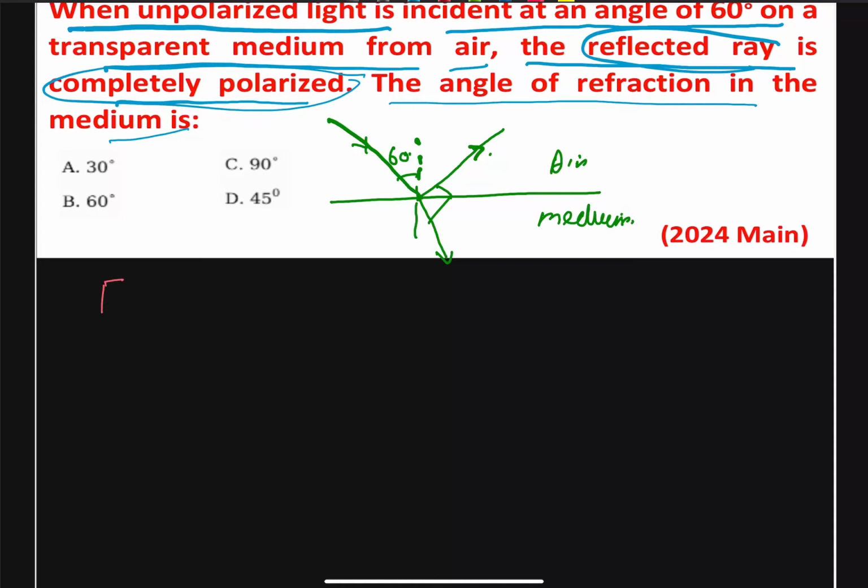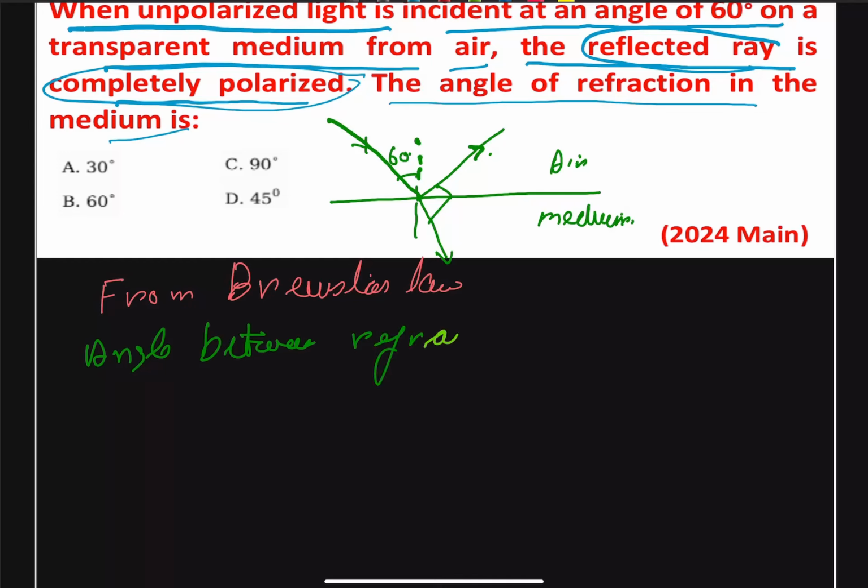So from Brewster's law, the angle between the refracted ray and the reflected ray is 90 degree. And we need to find out the angle of refraction.